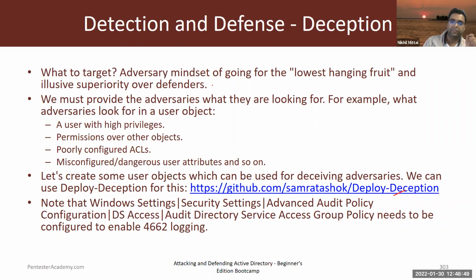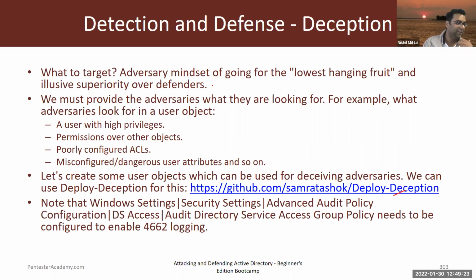We target the adversary mindset of going for the lowest hanging fruit and the elusive superiority they have over defenders. As a former and current red teamer, I can tell you that when I was a bit more naive, I would really get a kick out of bullshitting about defenders.